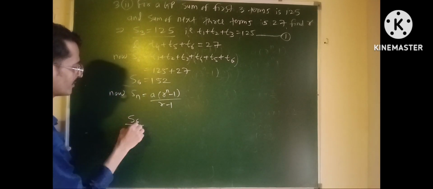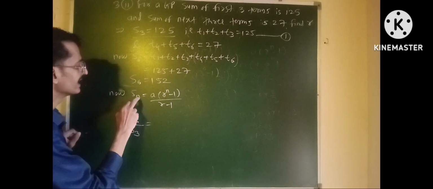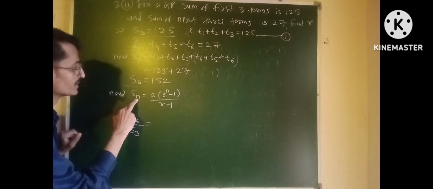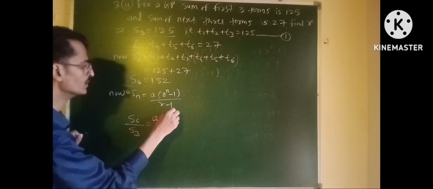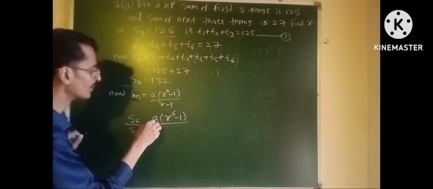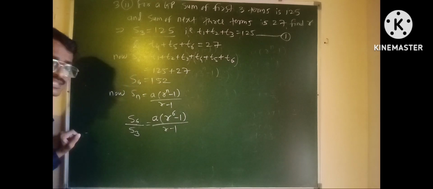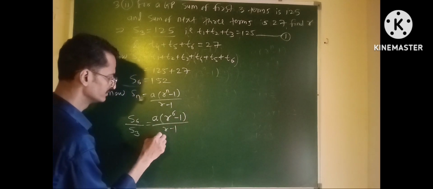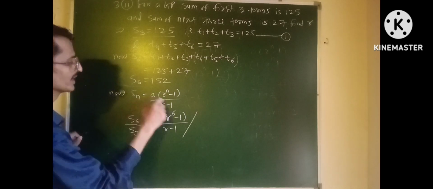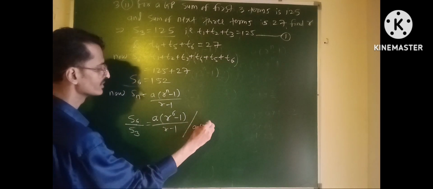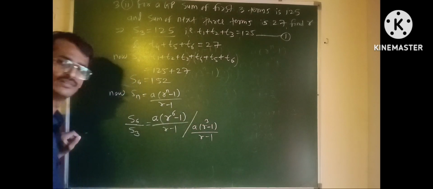So S6 upon S3, let us find S3 directly. So what is S6? S6, put here n is equal to 6. So A into R raised to 6 minus 1 upon R minus 1. This is S6 upon S3. So A into R raised to 3 minus 1 upon R minus 1.